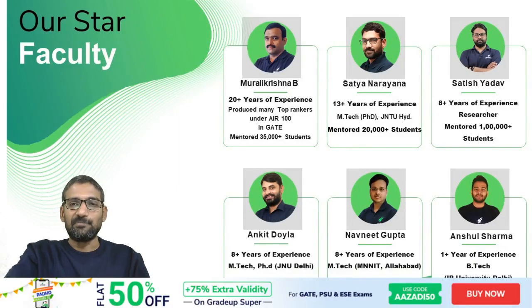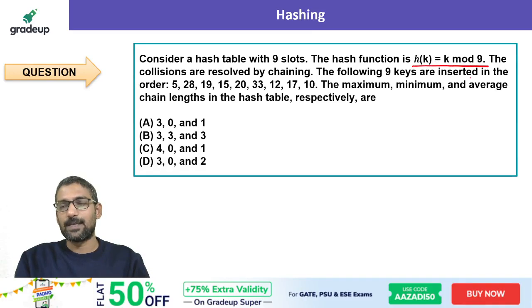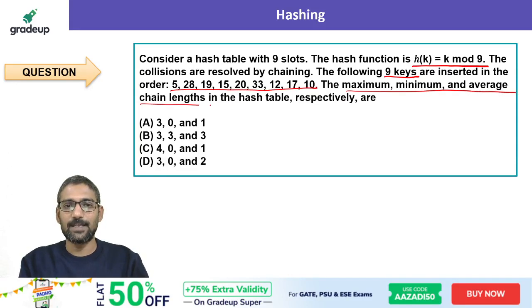Okay. Next question. Consider a hash table with 9 slots. Hash function is h of k is k mod 9. The collisions are resolved by chaining. Following 9 keys are inserted in the order. The maximum, minimum and average chain lengths.